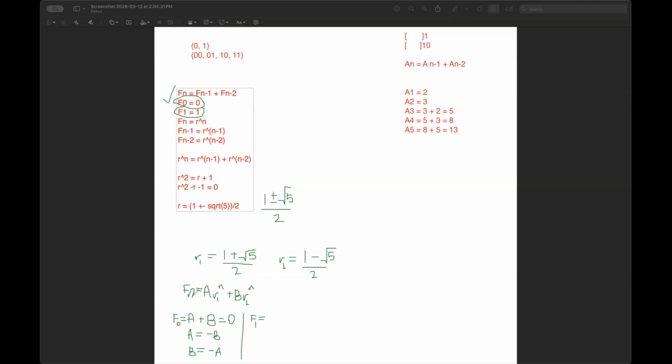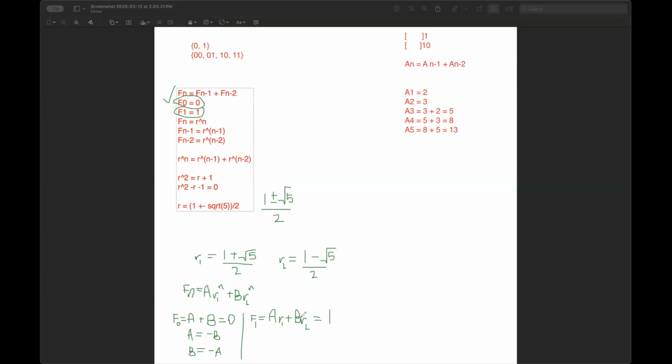So f sub 1 is equal to a r1 to the 1, and anything to the 1 is itself, so I'm just going to say a times r1 plus b r2 to the 1, and anything to the 1 is itself, so b r2. And we know that all of this, f1, equals 1. So really what we have is a r sub 1 plus b r sub 2 is equal to 1.